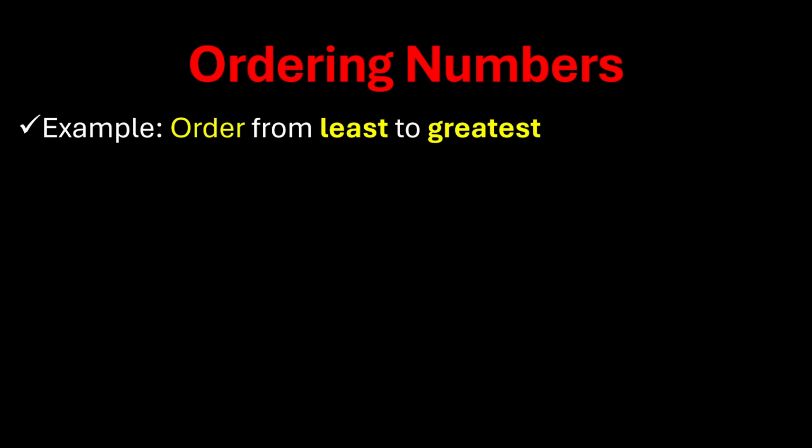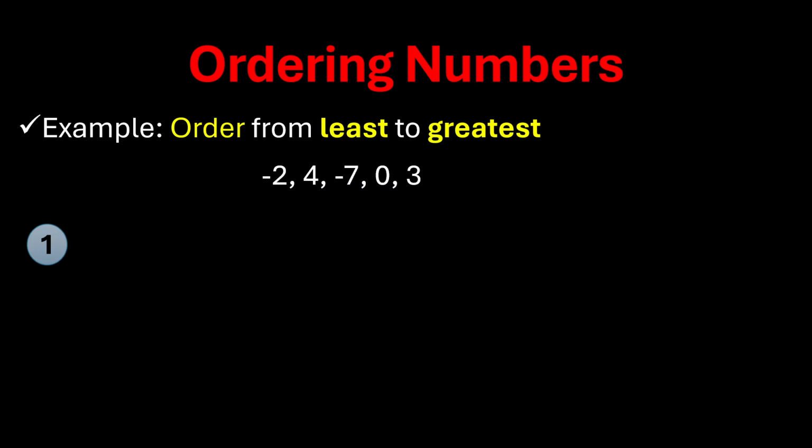Now ordering numbers. To order numbers means from the least to the greatest, or the greatest to the least. Okay, so order from least to the greatest this series of numbers: minus 2, 4, minus 7, 0, and 3.